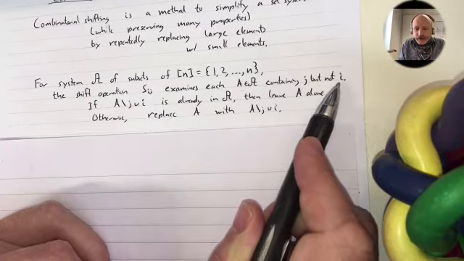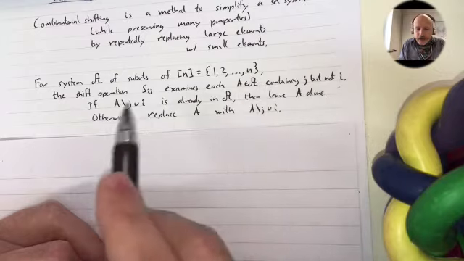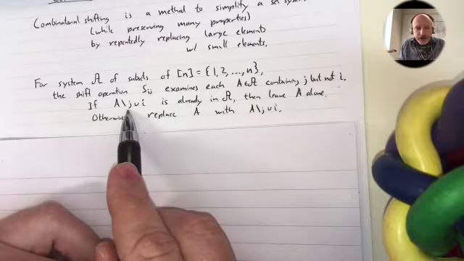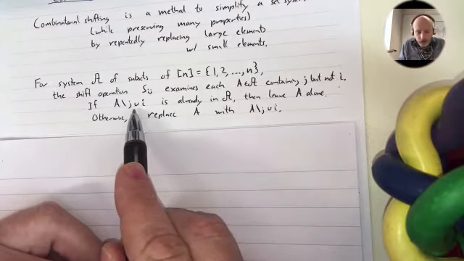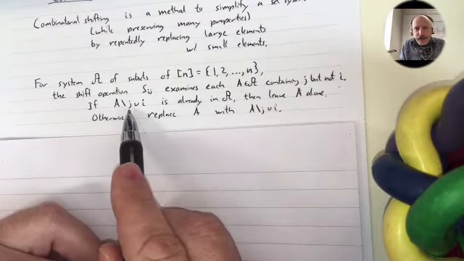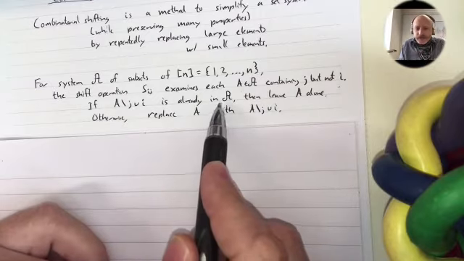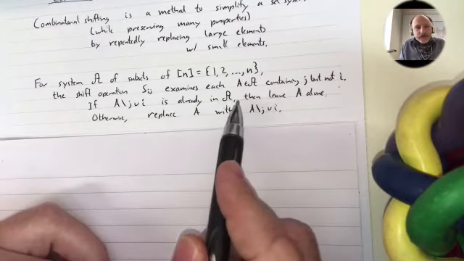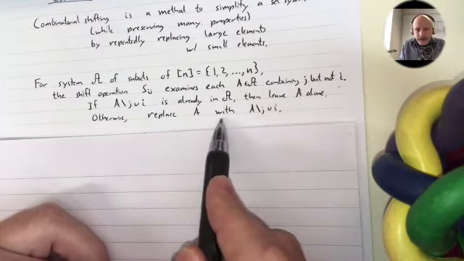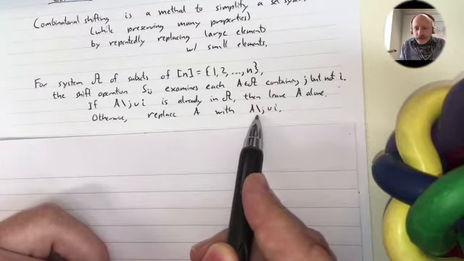It would like to replace the subset A that contains j, but not i, with A minus j union i. So I'm going to take out j and replace it with i. Something that could happen is that A minus j union i, the thing you get by doing this replacement, is already there. If it's already there, don't do anything. If it's not already there, go ahead and replace it with this thing which is moved over, conceptually, to the left.